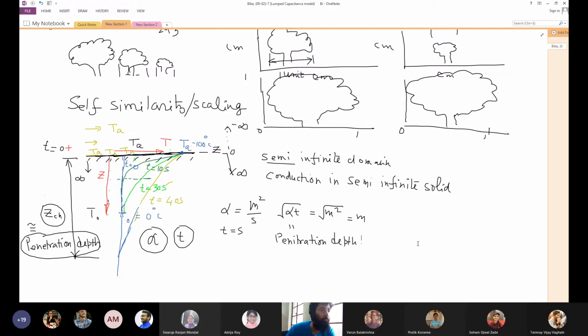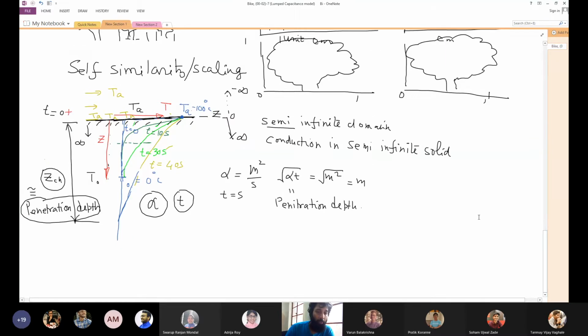Now, the last part of this idea, the rest is a little bit of algebra. If we want to plot this, instead of z, we plot in terms of z divided by square root of alpha t. The temperature is the same.